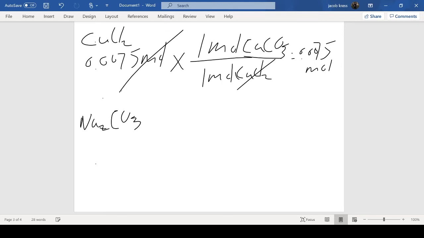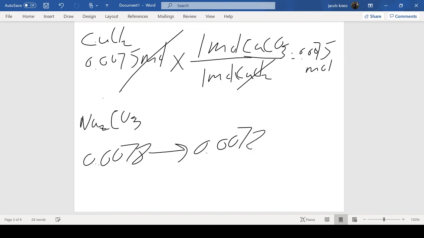Except now we have 0.0078 moles of sodium carbonate. So again, it's just 1 to 1. So without taking up too much room, I'm just going to say that this is going to convert to 0.0078 moles of calcium carbonate.